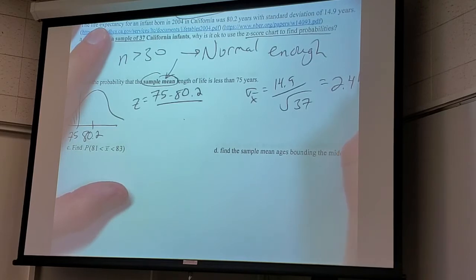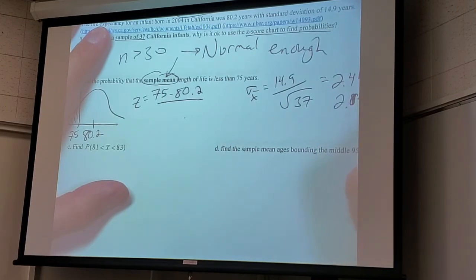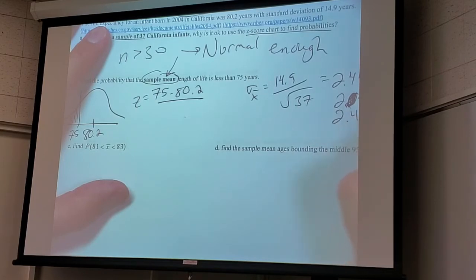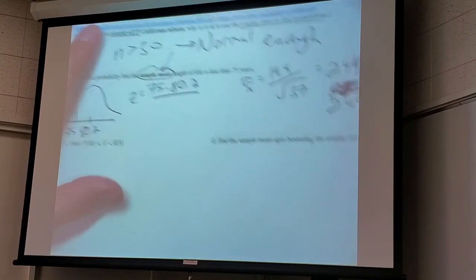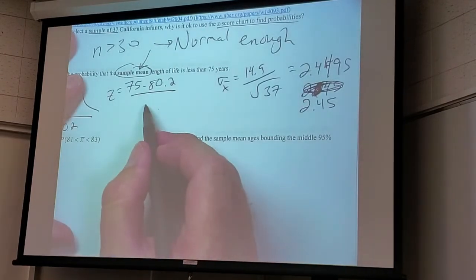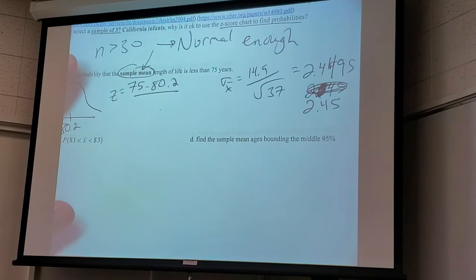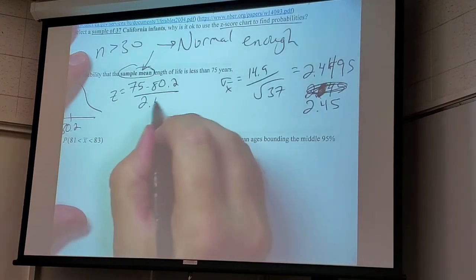So 2.45 is fine. That's a giant decimal place. Got it. All right. So now we know what to put down here. I've got to use the correct spread. So z-score formula never changes. My data point minus the middle divided by the correct spread. And the correct spread here is 2.45.